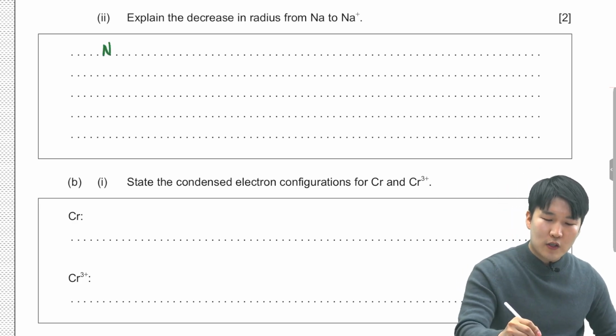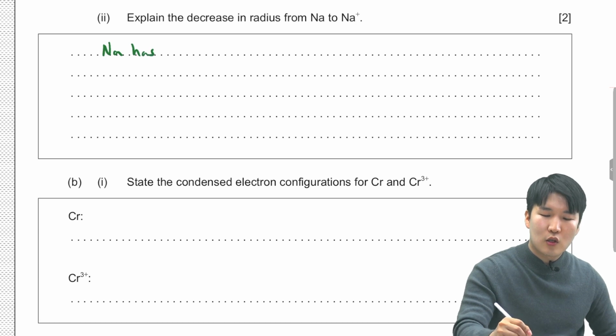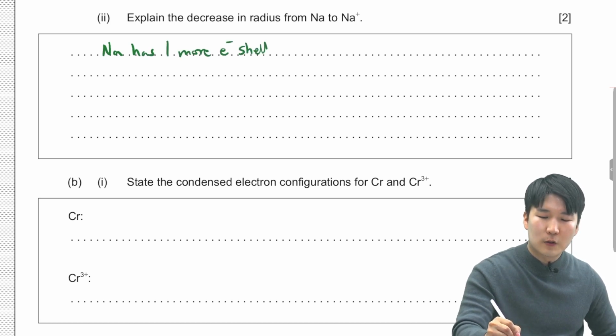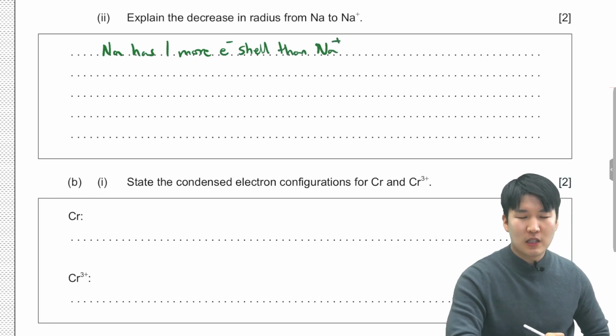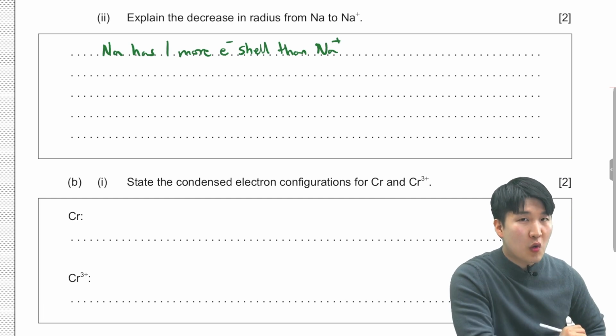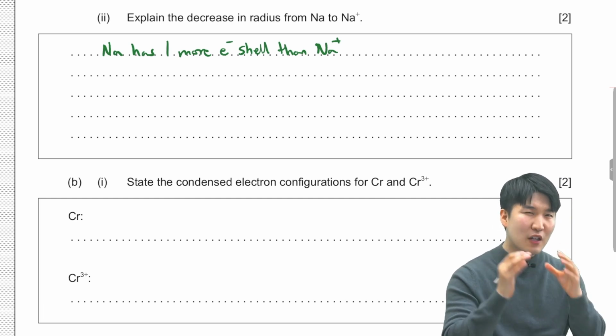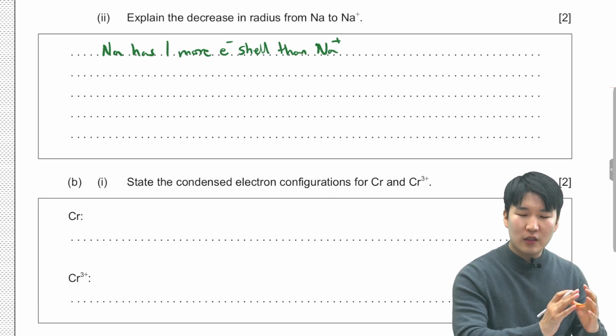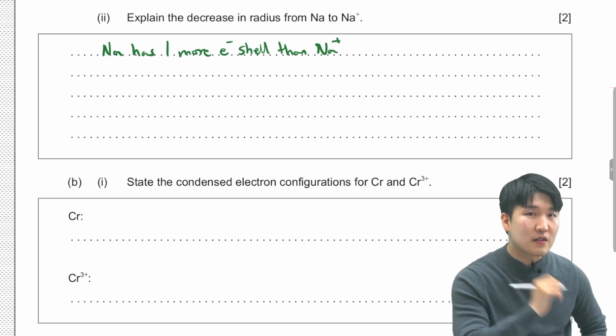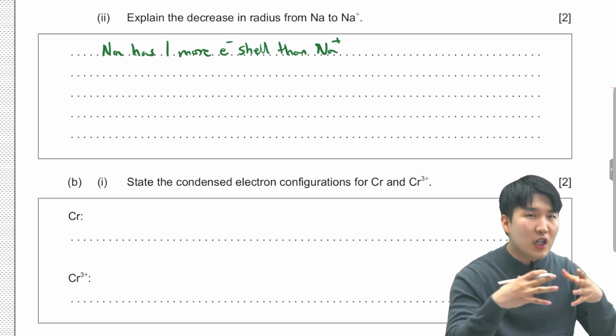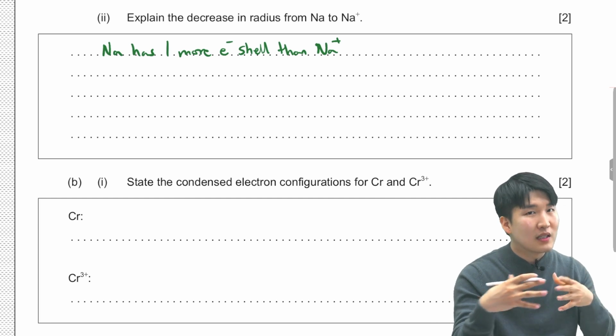So sodium has 1 more electron shell than sodium plus. The second reason is not so obvious, but it's to do with the electrostatic attraction between the nucleus and the valence electrons that leads to the shrinkage of the atom and the ion.